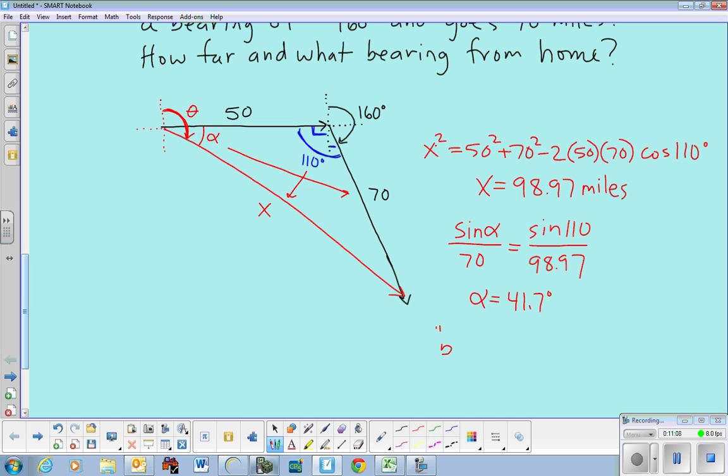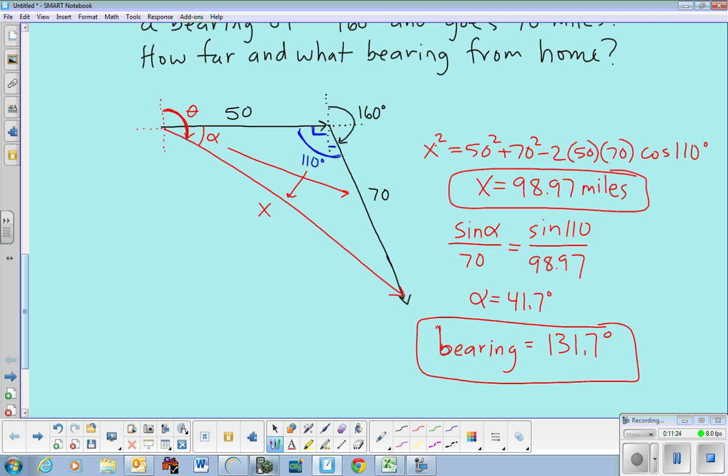So my bearing is going to be 90 plus the 41.7, which makes 131.7 degrees. All right, so overall, the boat or whatever, I forgot what the subject was, but it's 98.97 miles away, and its bearing is 131.7 degrees. So you can exactly locate where it is with those two values.